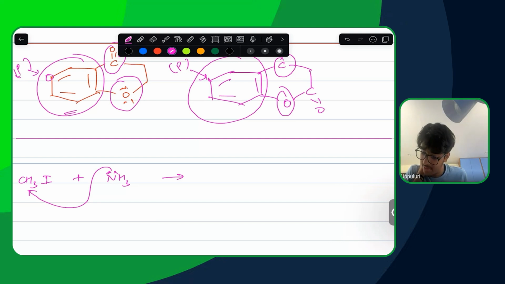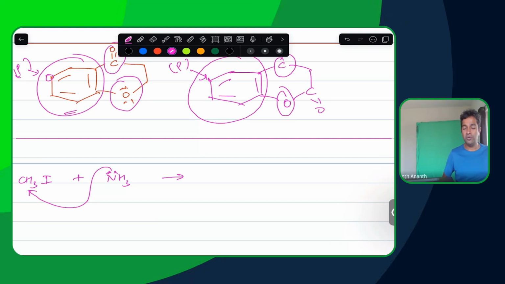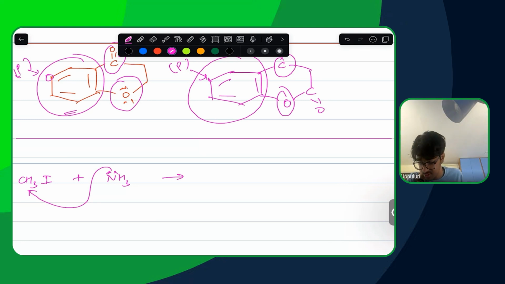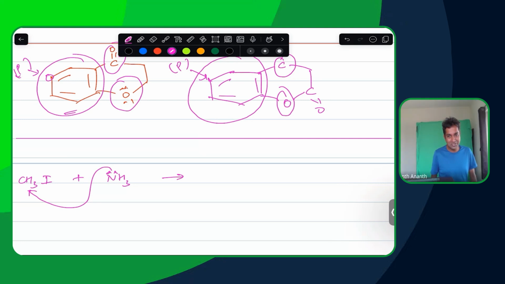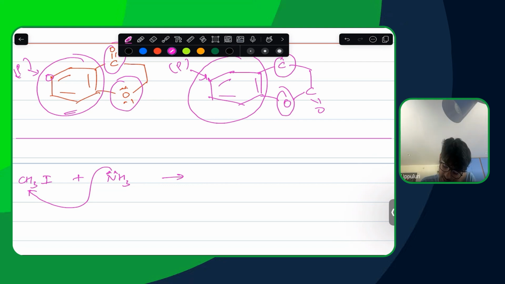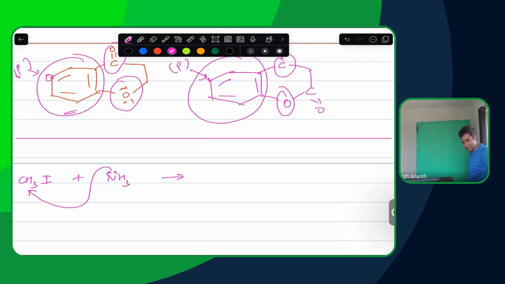Lone pair repulsion? No, because the other nitrogen is a minus M group. Having two lone pairs doesn't mean it is going to be better, right? The minus M effect is what matters over here now. Hence, C is worse off than B.